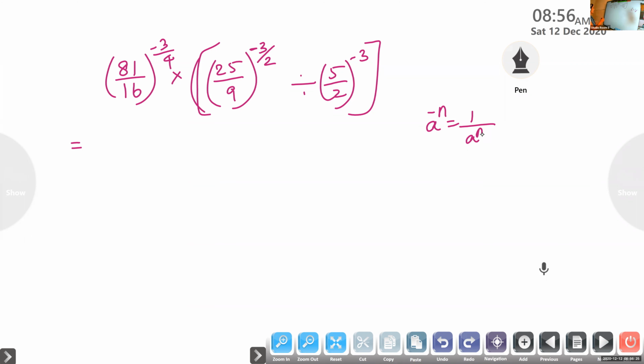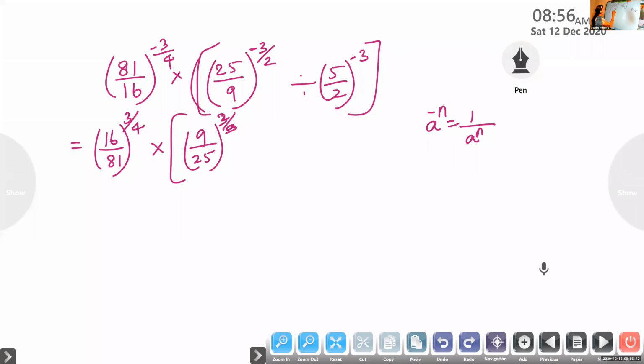So here it is same as 16 by 81 raised to 3 by 4, into 9 by 25 raised to 3 by 2. Okay, what you have to do? Don't take the reciprocal of the power. Divided by 2 by 5 raised to 3. Is it okay? Up to this, is it clear, children?